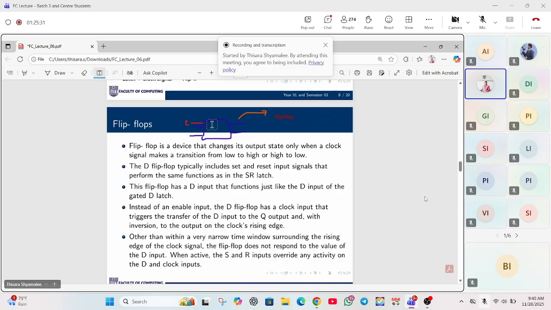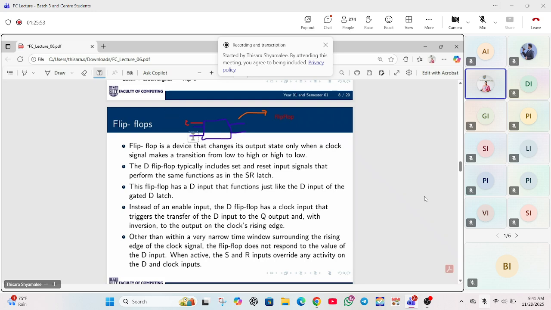When you have the D latch with the D input and combine the clock signal with it, that D latch converts to a D flip-flop.